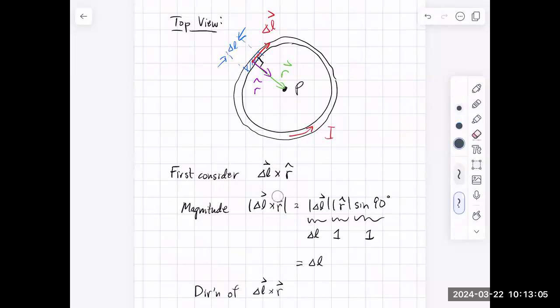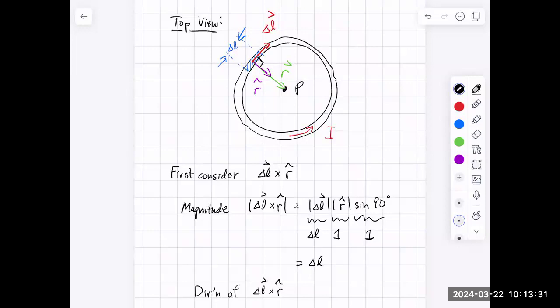I should have r hats here. Let's fix that. So if the result of that cross product is perpendicular to both of these vectors, it has to be either out of the screen or into the screen. So all we're doing with the right-hand rule is trying to determine whether it's out of or into the screen.